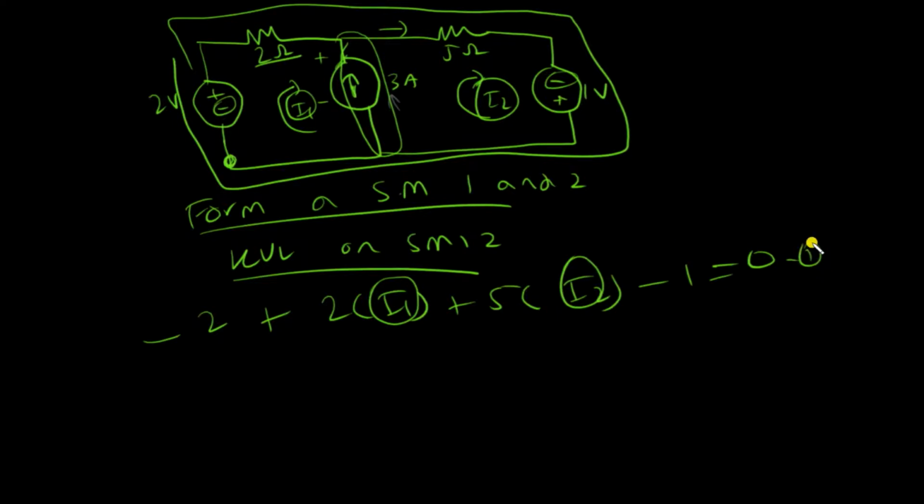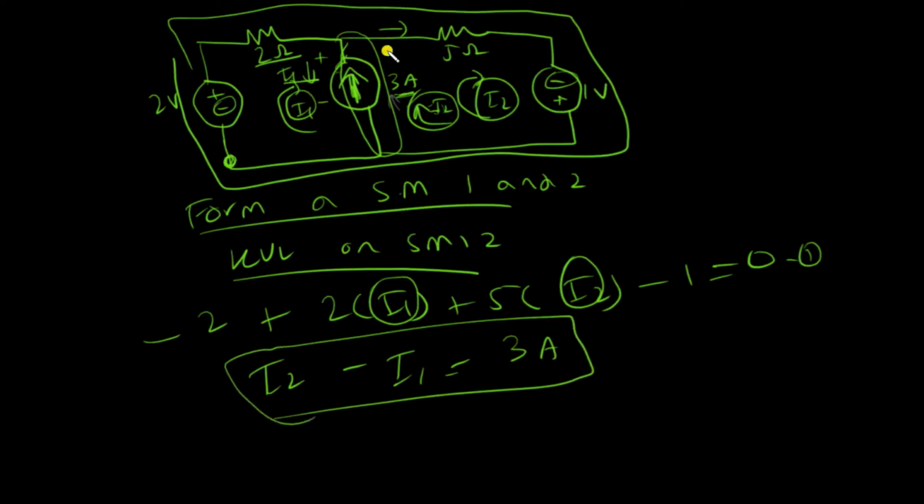So I need a second equation, and this is very simple, and I'll show you how. I can clearly see that this is a 3 amp source going up, and I also know that there's I1 coming down in this branch, and there is I2 going up because of the clockwise direction. As the current is in I2's direction, I can subtract both currents, and I can write that I2 minus I1 is clearly 3 amps, because there is I2 going up and I1 coming down.